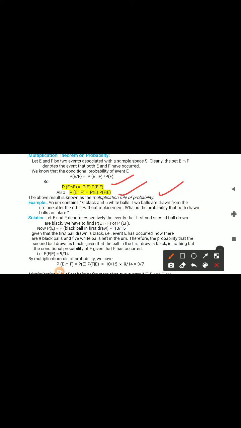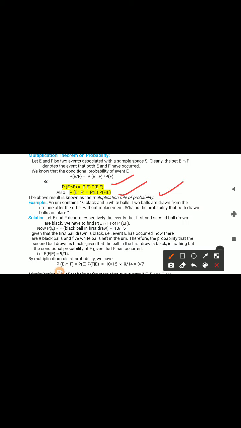An example is there. An urn contains 10 black and 5 white balls. Two balls are drawn from the urn, one after the other without replacement. What is the probability that both drawn balls are black? Let E and F denote respectively the events that the first and second ball drawn are black.